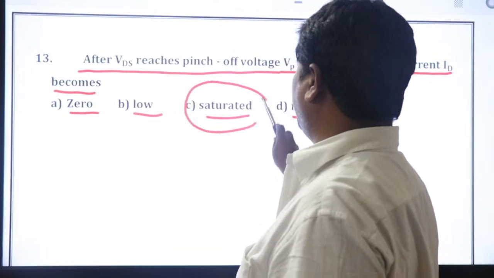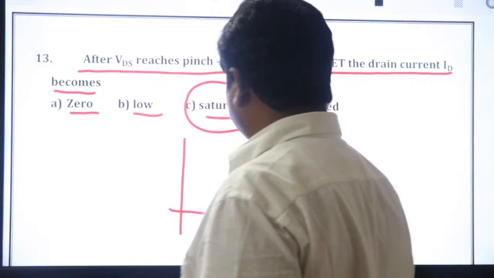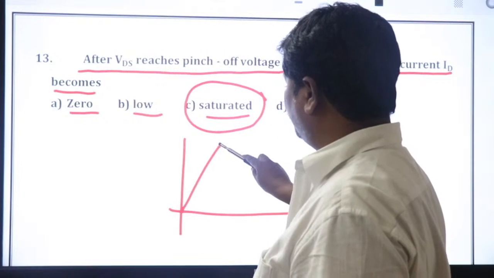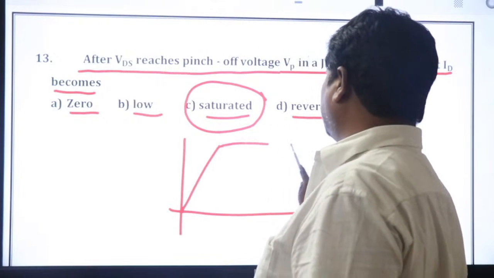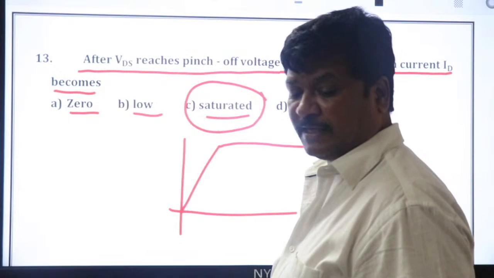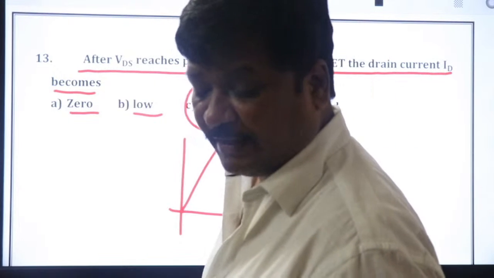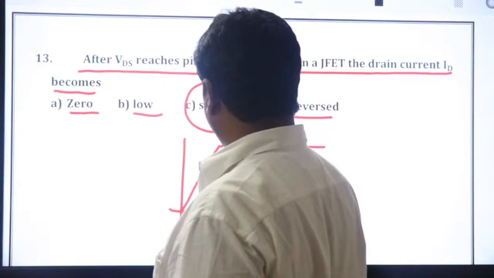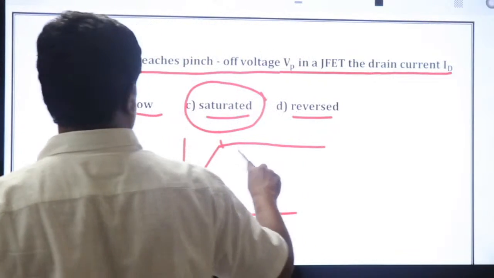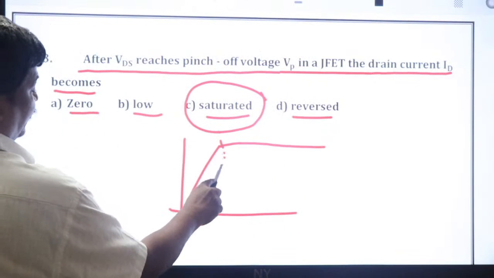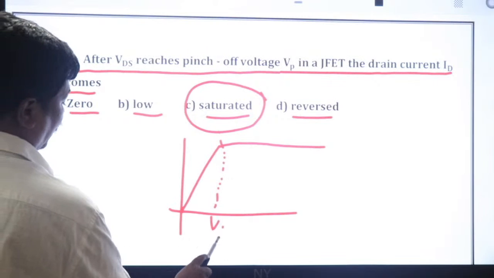They are saturated, because once the pinch off voltage is reached, the current becomes constant. As we already discussed, this point is called the pinch off point.